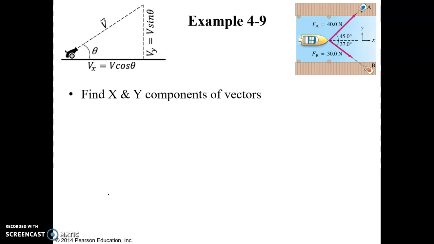So if we start with FA, the x component of that is going to be the magnitude of the diagonal vector FA times cosine of the angle that it makes with the horizontal. So that's a horizontal line. That is theta sub x for angle A. It's 45 degrees.